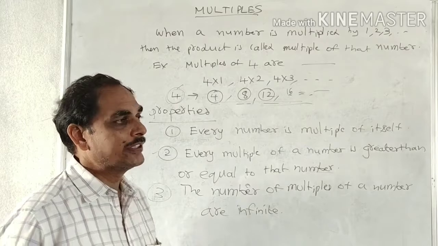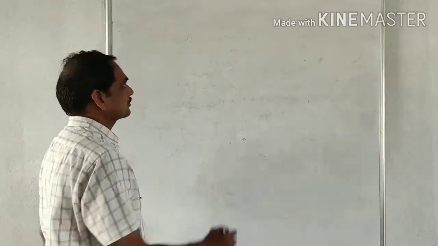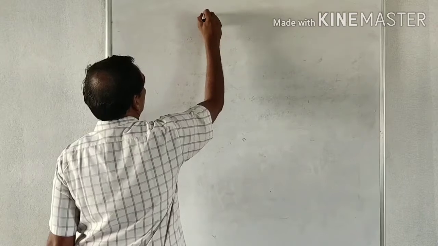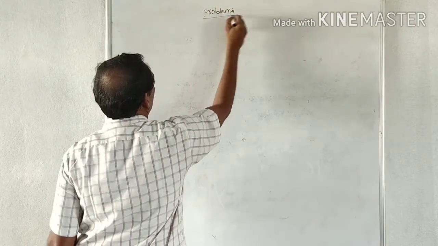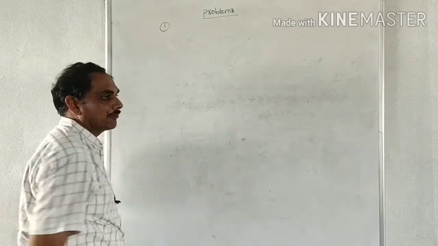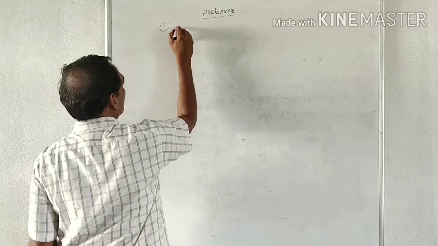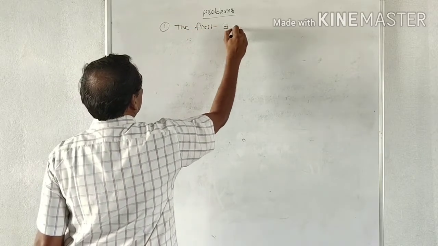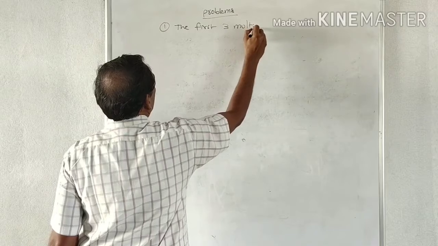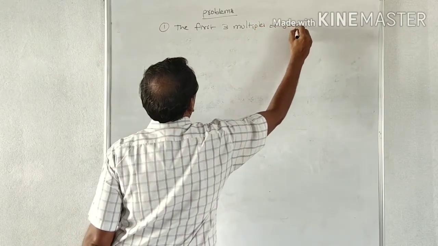Next, we discuss some problems. The first problem is the first 3 multiples of 8 are dash.